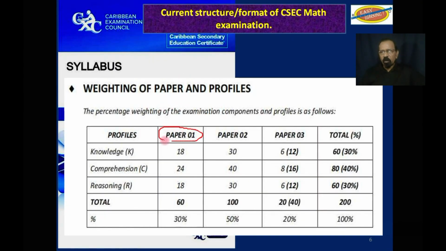So paper 1 carries 60 marks from 60 questions, which eventually works out to be 30%. Paper 2, 100 marks, which will work out to be 50%, and so on. Paper 3. These are the various profiles, knowledge and the percentage, and comprehension and reasoning.